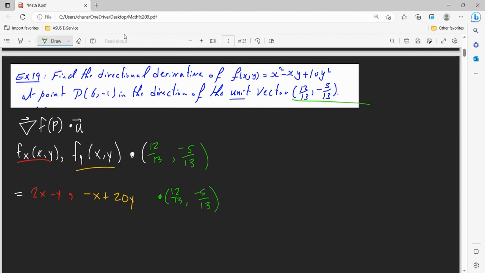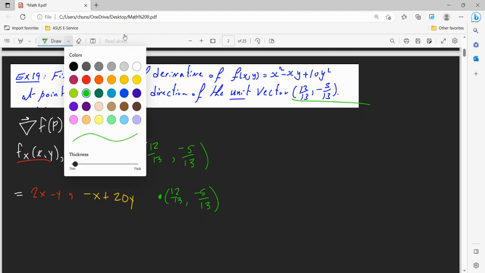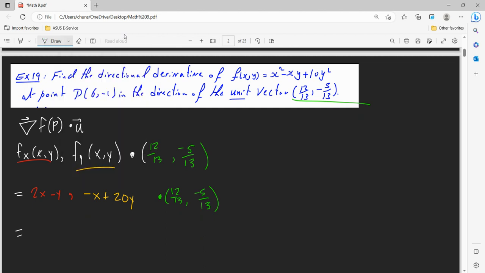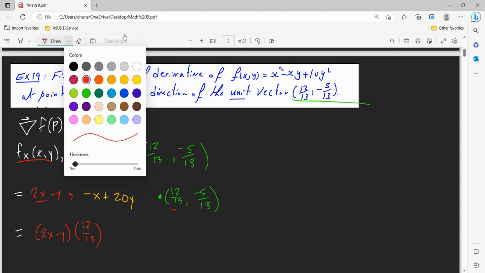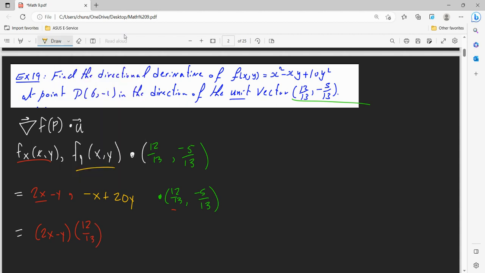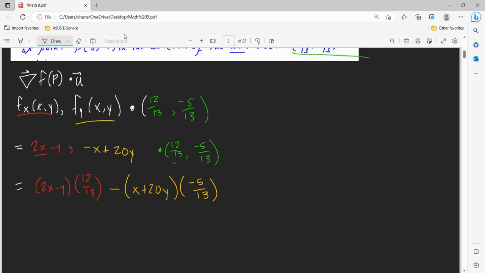So we're going to take both of the i components and multiply them together, and then the j components. So this is 2x minus y, multiplied by 12 over 13, and then negative x plus 20y, multiplied by negative 5 over 13 from our unit vector.